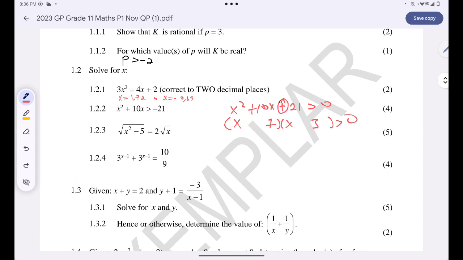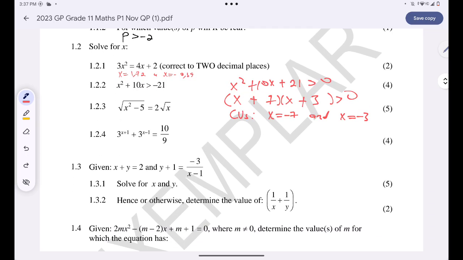Since the sign here says plus, it simply means my brackets will have the same sign, the sign of the middle term. I will have a plus there and a plus there, and then my critical values. I know that x is equal to -7 and x is equal to -3. After finding my critical values, I just need to place them on my number line.